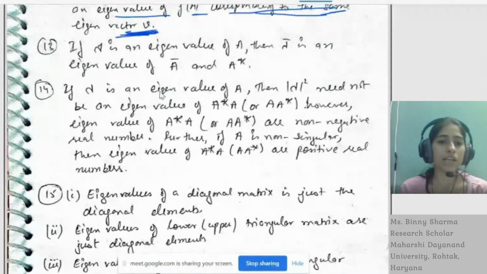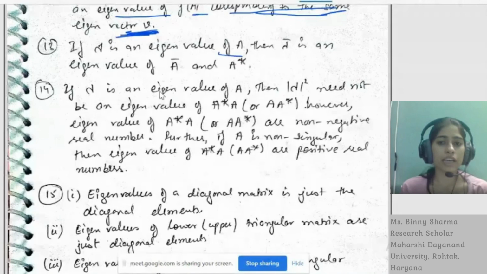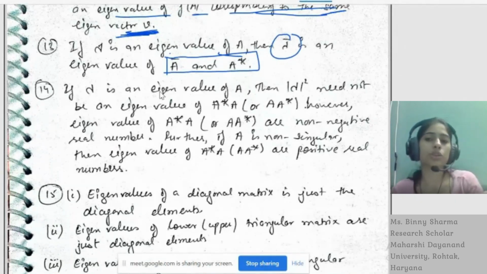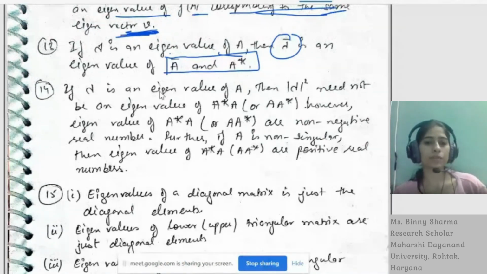If lambda is an eigenvalue of A, then the eigenvalue of A conjugate and A transpose conjugate will be lambda conjugate.